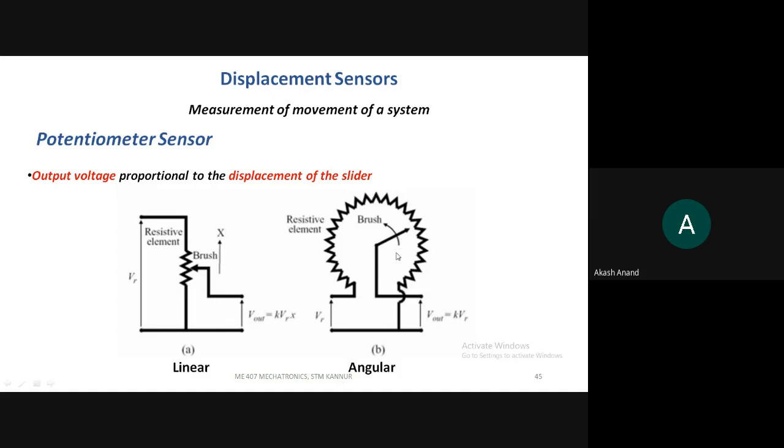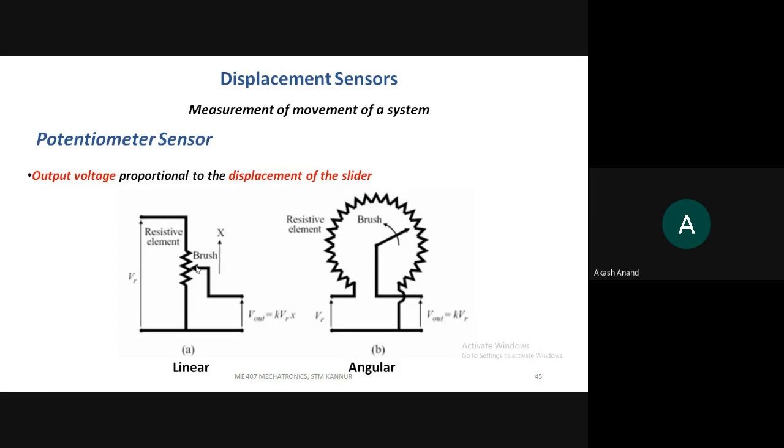Similarly, if it rotates in the anti-clockwise direction, the resistance will be lesser. So by measuring the resistance, indirectly by measuring the output voltage, you can find the displacement of your dial. In case of angular motion, you will get angular displacement, and in case of linear motion, you will get linear displacement. That is the basic working of a potentiometer sensor.